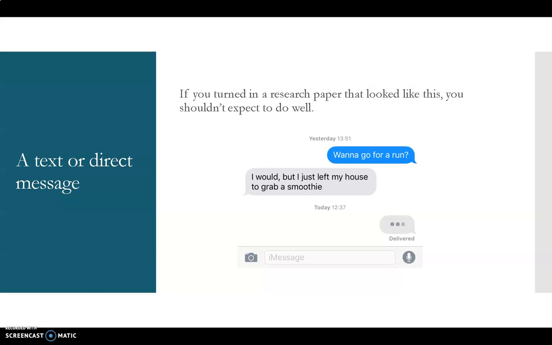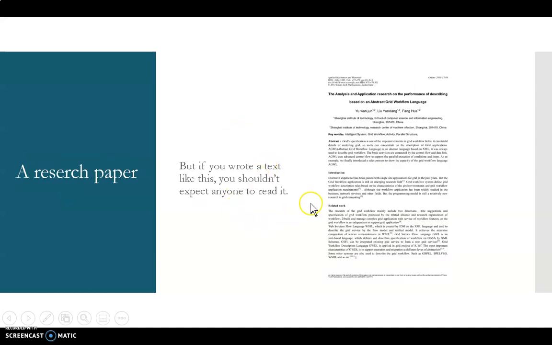paper. And we also notice that the format, the way it looks, is going to be very different in different types of writing. So if you wrote a text to a friend that looked like this, you shouldn't expect anybody to read it, because this is what a research paper should look like roughly. It should be long and explanatory. It should be divided up into paragraphs.